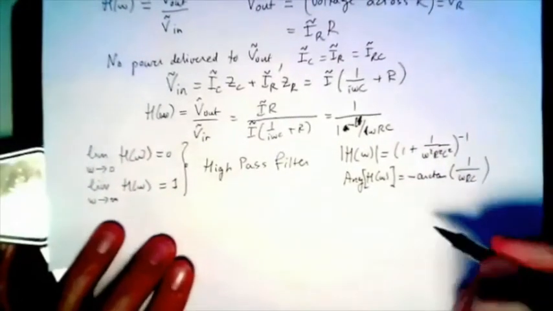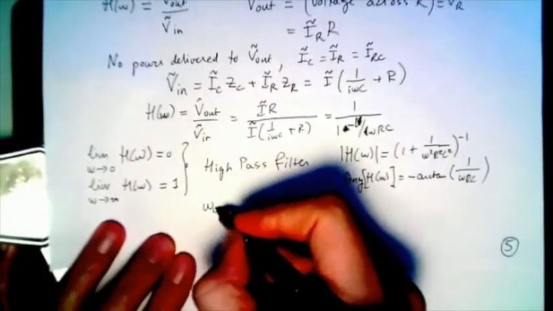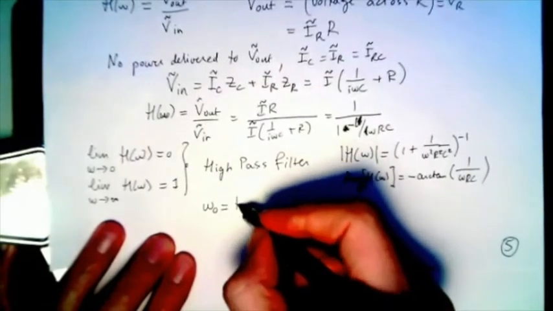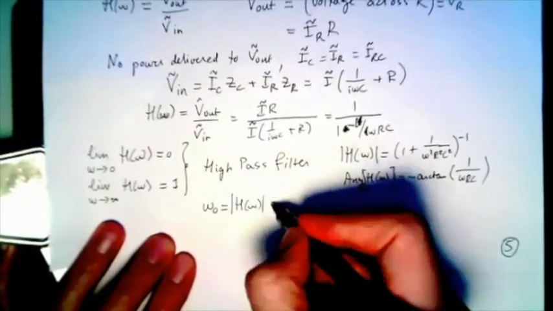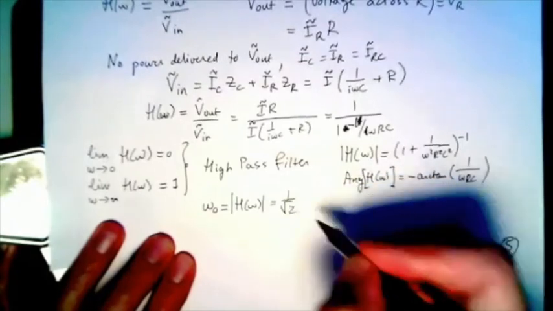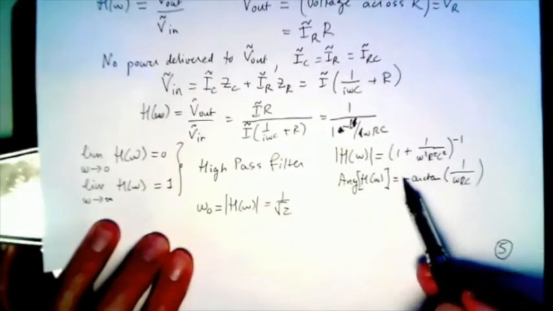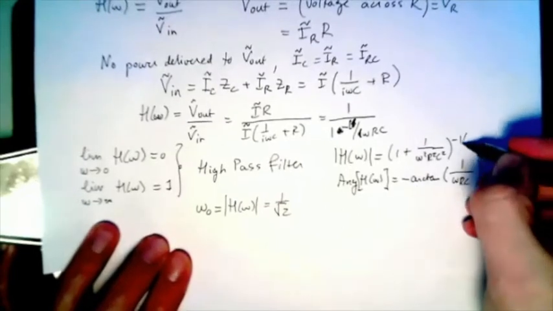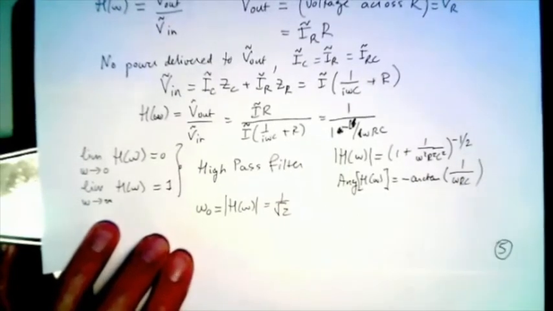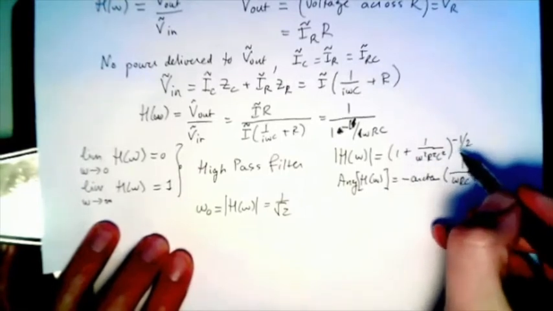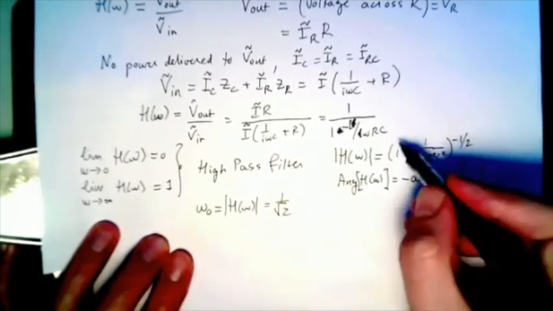And the characteristic frequency is where H is 1 over root 2. And when you solve it, you'll see that this term again needs to be 2.